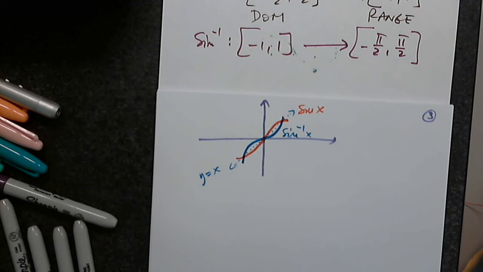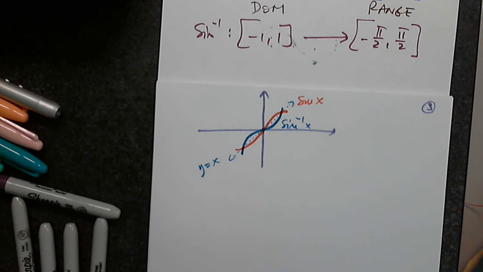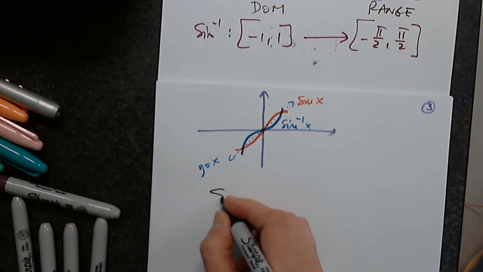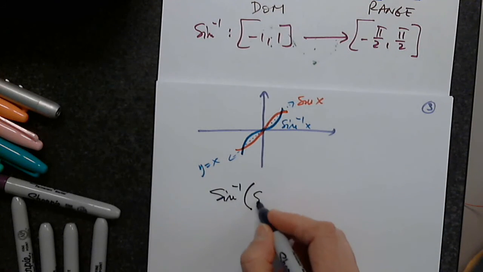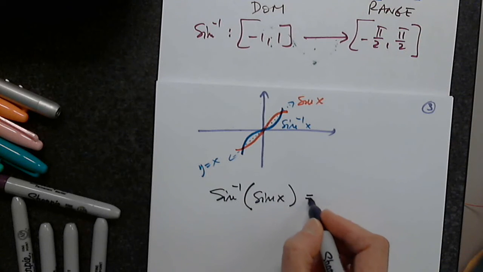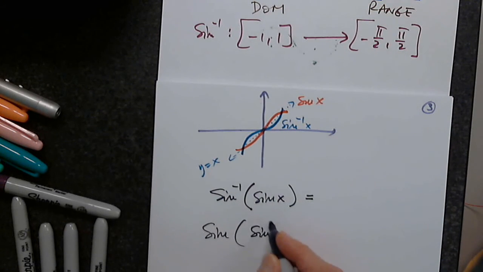Now, there are a lot of traps here. Before I give you a few examples, let's analyze the following. Sine inverse of sine x and sine of sine inverse.